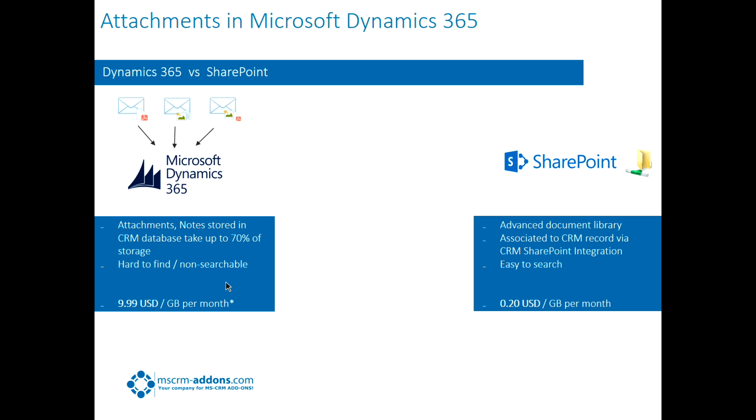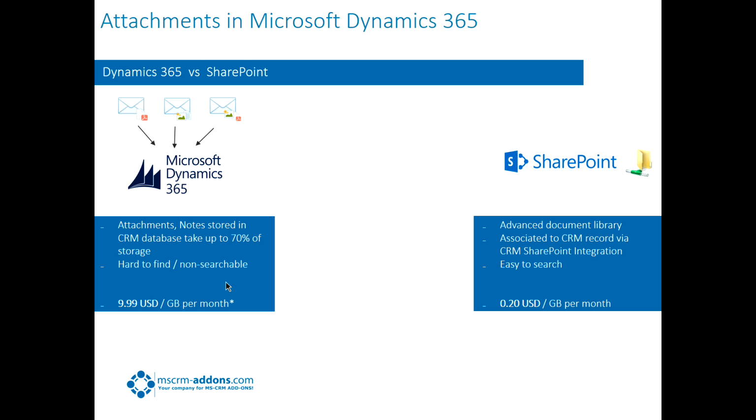On the other side of the picture, we have SharePoint, which is your advanced document library. You can associate those files to CRM records via the CRM SharePoint integration, so you can view these files in Dynamics 365 just by going to the documents, and see the list of documents you have on SharePoint for that particular account or contact.